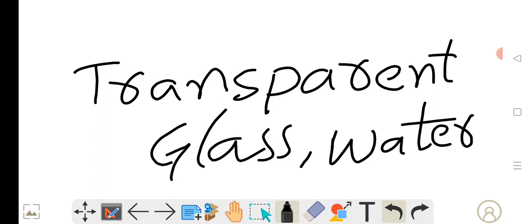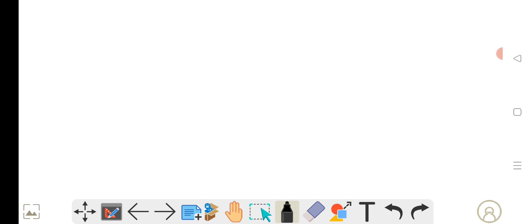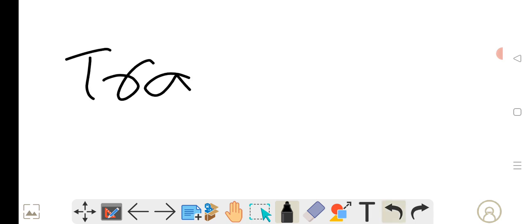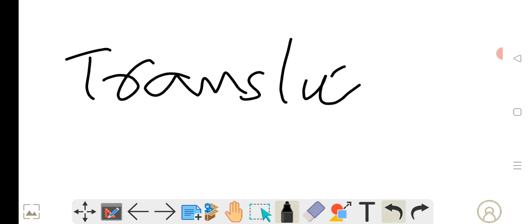Then through some other objects we can see but we cannot see clearly. Those are called translucent objects. They allow the light but not completely. Example, butter paper, oil paper, etc.